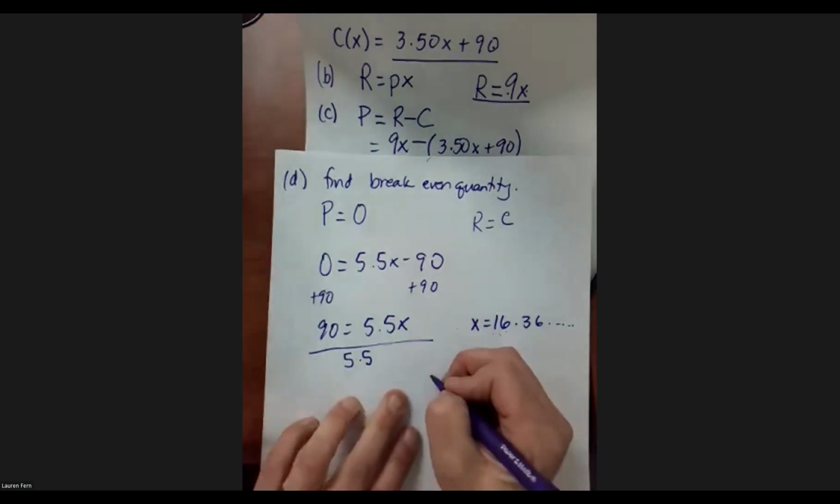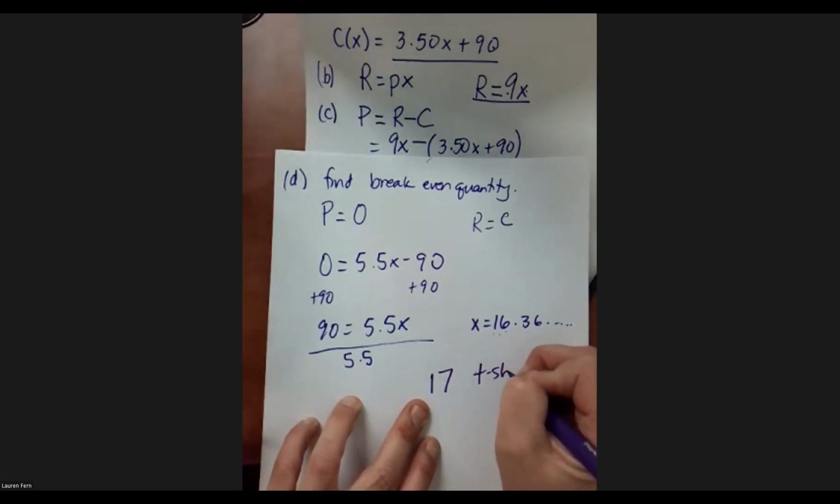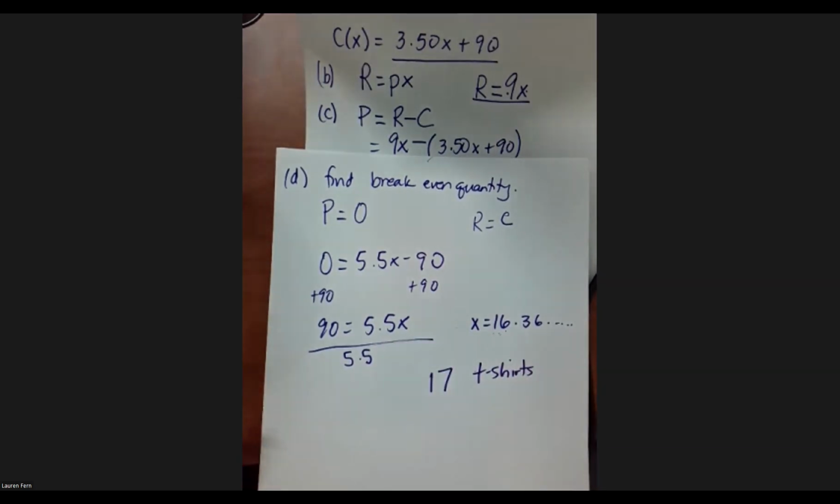Okay, we need to produce and sell 17 t-shirts to break even. What do y'all think?